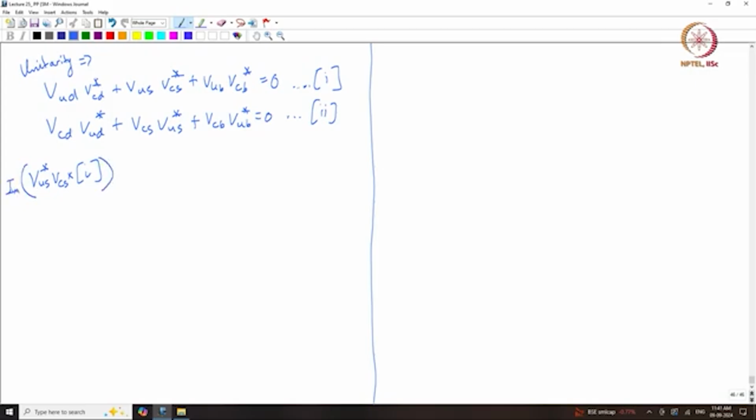What should this be? Obviously, it should be 0, since the left hand side is 0.